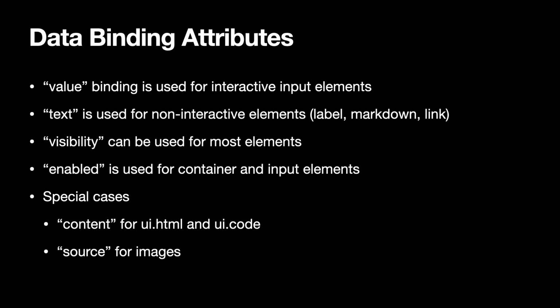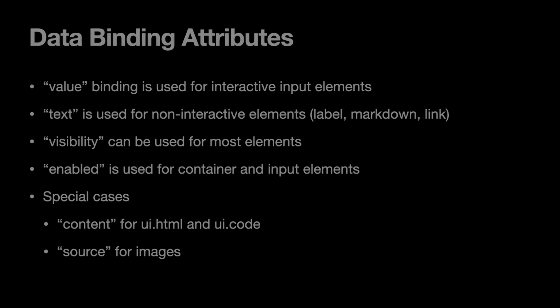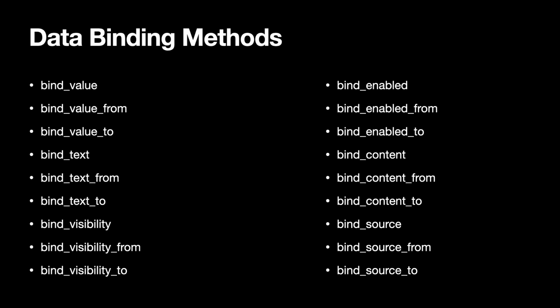The application data that we reference can be a simple variable, a value within a dictionary, or a value in one of the global data stores that NiceGUI provides, such as user storage or general storage. Here are all the data binding methods in NiceGUI. I will demonstrate how to use these methods next, and we'll cover global data storage options in detail in a later topic.